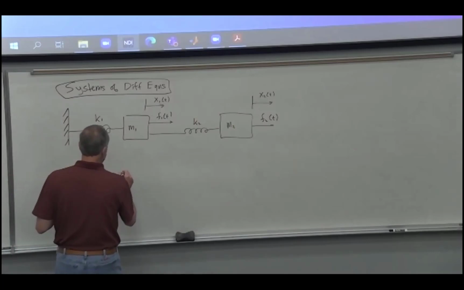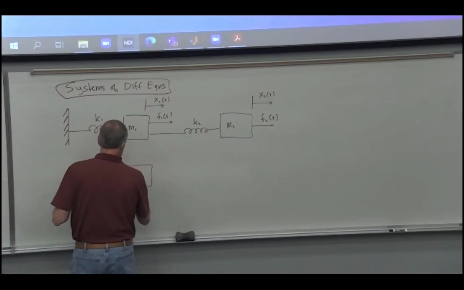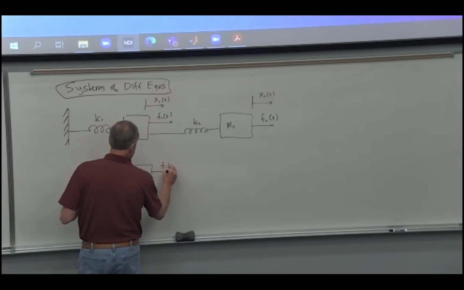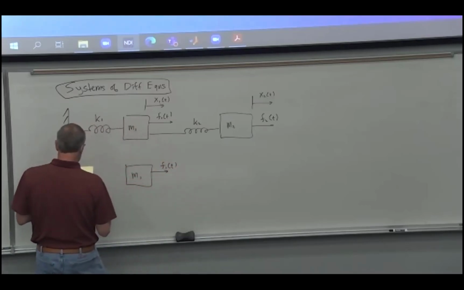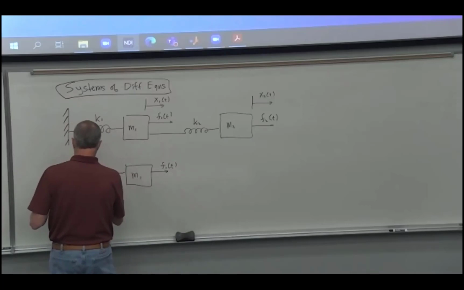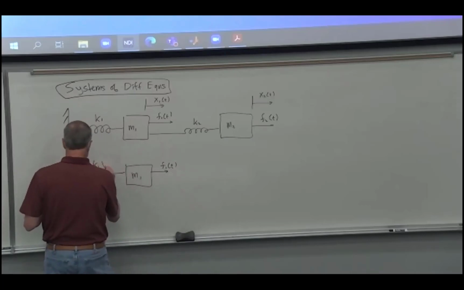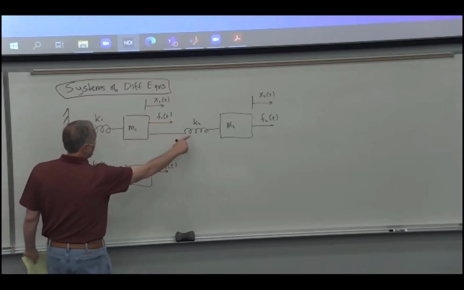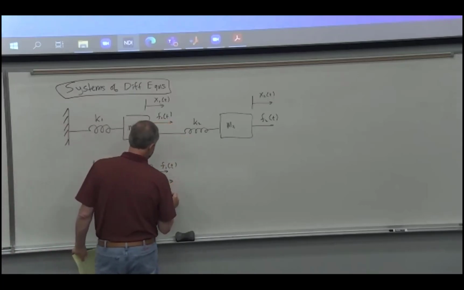All right, so free body diagram here. The force is on. Spring pulls back, force pulls forward. This spring pulls forward.